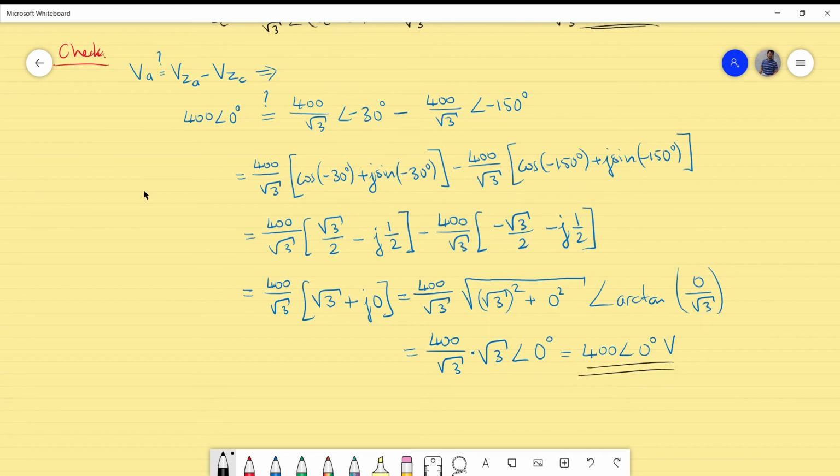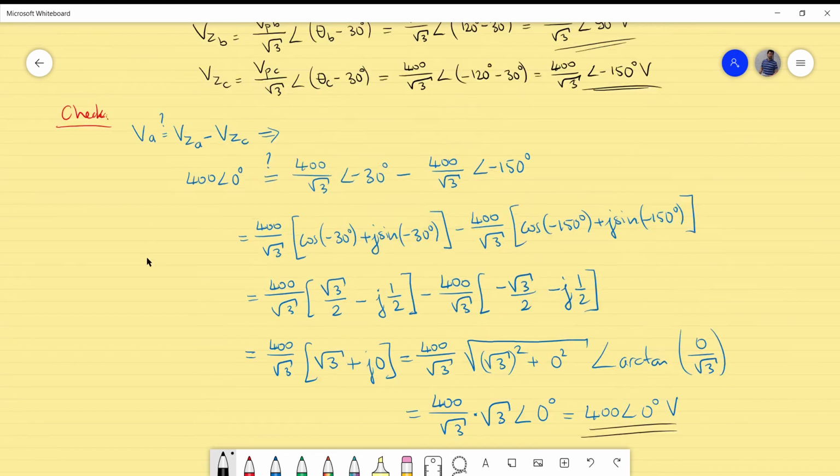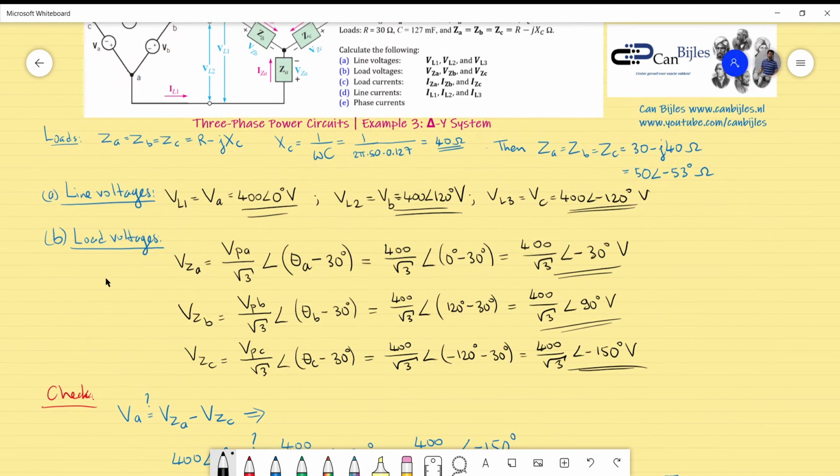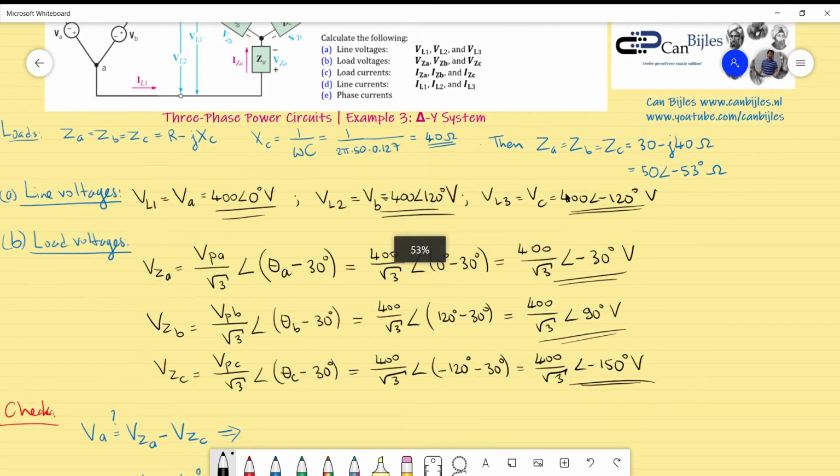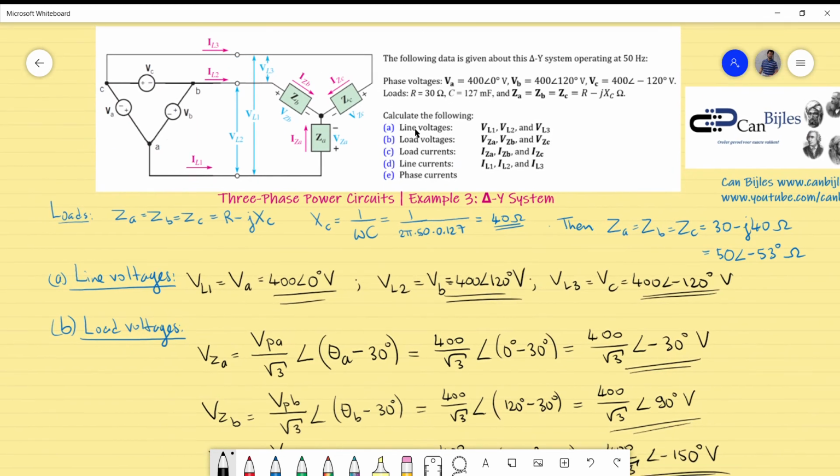Okay, that's just about the check. So let's continue with the calculation of the load currents. Now this is actually also very easy because we already know the load voltages, each of them. Now using Ohm's law, we can say the load currents are load voltages divided by the impedance.